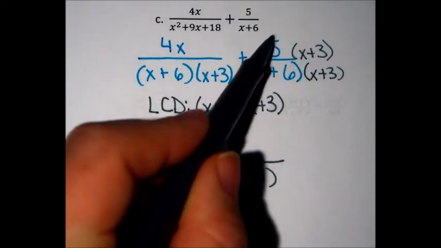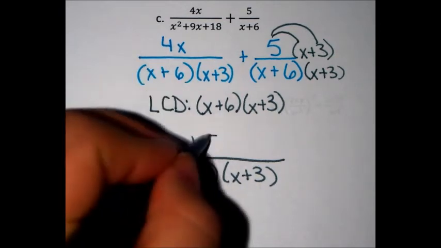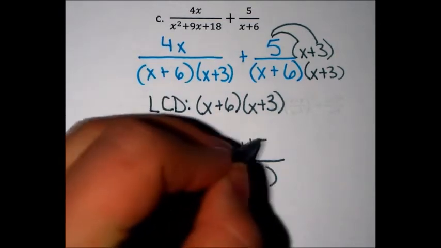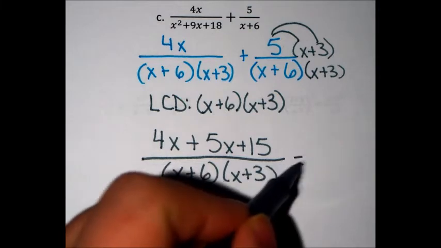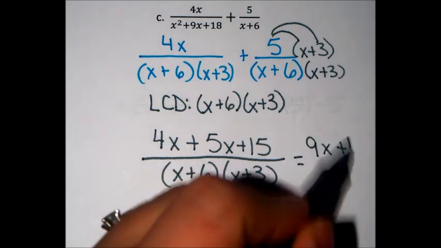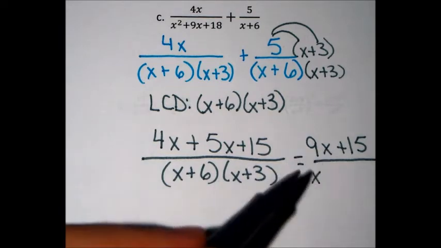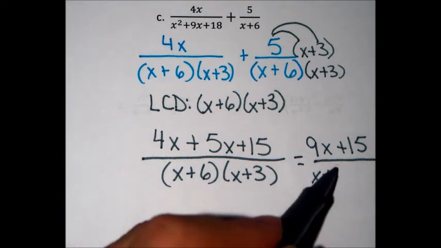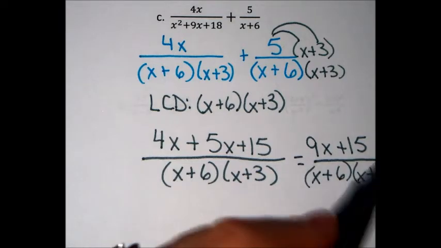And then over here, I'm going to distribute. So I have 5x plus 15. So I've got 9x on the top plus 15. And on the bottom, I have x plus 6 and x plus 3.